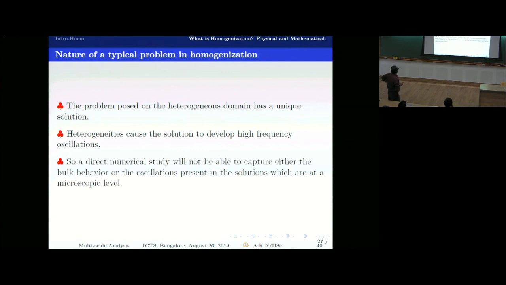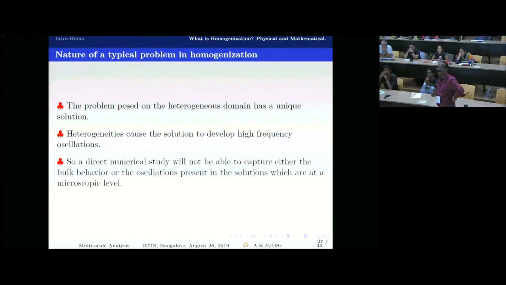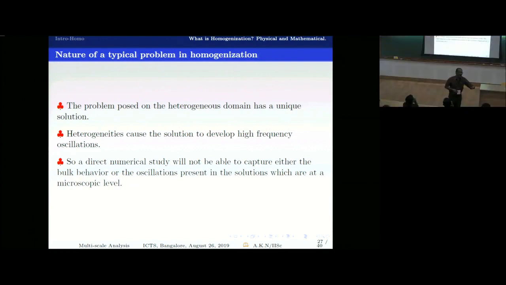So a direct numerical study will not be able to capture the bulk behavior because of the scale of the material. When you do a numerical scheme, however powerful it is, your machines have a limitation in the discretization. So there will be a discretizing variable h. But the small scale present here may be much smaller than your discretization scale.